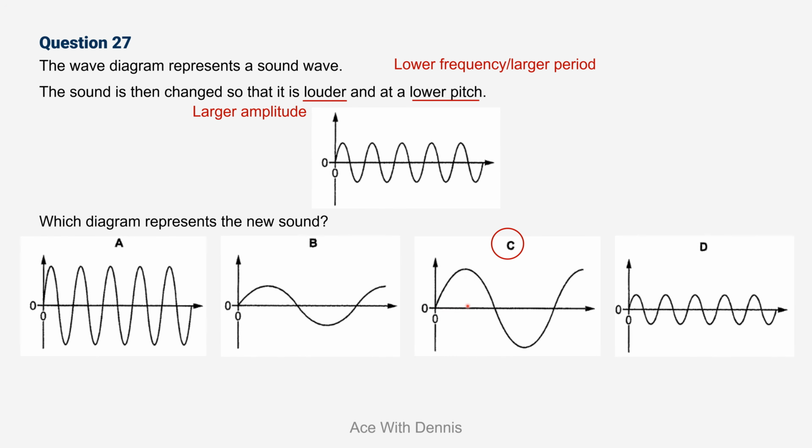This is how we measure amplitude. This distance is larger than the original distance here. And for lower frequency or larger period, as you can see, this complete cycle takes longer time compared to the original sound, which takes less time to complete one full cycle. Hence, the answer is C.